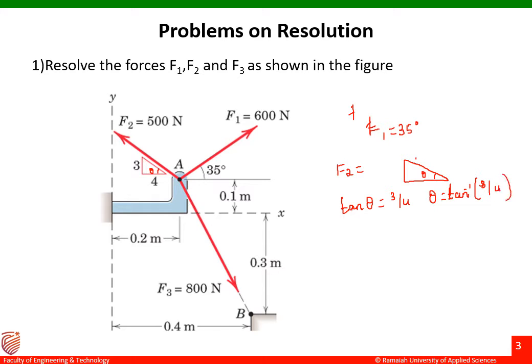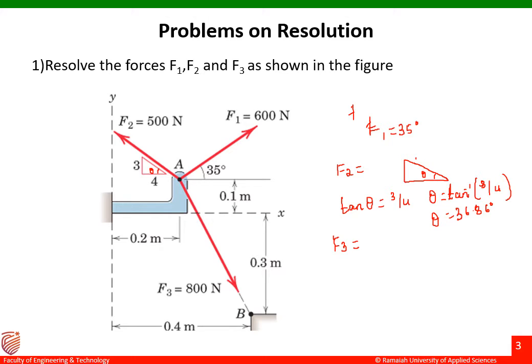So the angle theta equals tan inverse of 3 by 4. You will get the answer for theta as 36.86 degrees. This is my theta with respect to F2.